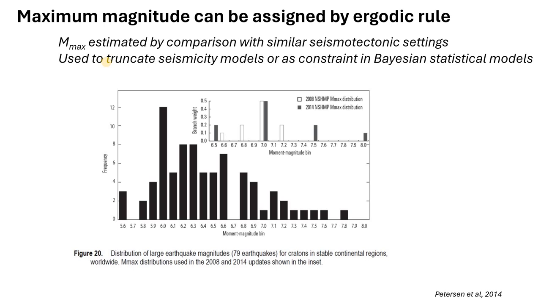And so we'll often take a stab at this using what's called the ergodic rule, which essentially means let's go look at what the largest earthquakes have been in comparable areas, comparable seismotectonic settings, and then apply that to our own area. So an example here is that eastern US and central US example again, right?